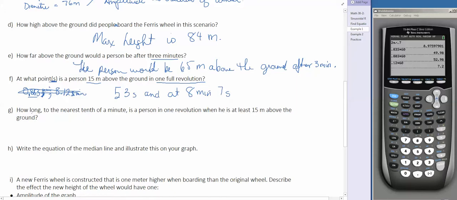How long, to the nearest tenth of a minute, is a person in one complete revolution when he's at least 15 meters above the ground?